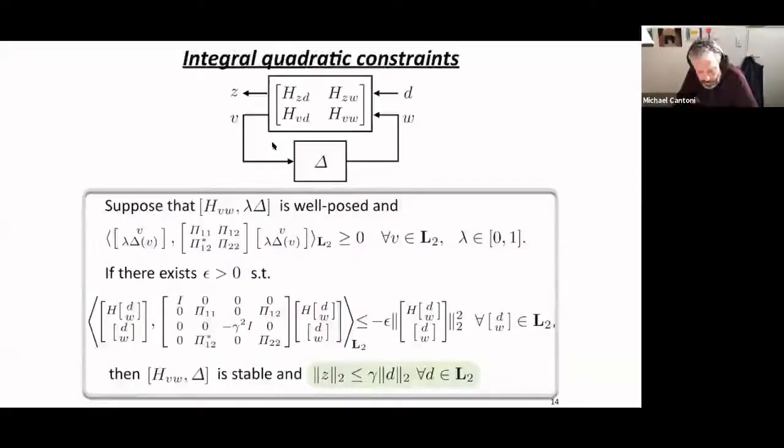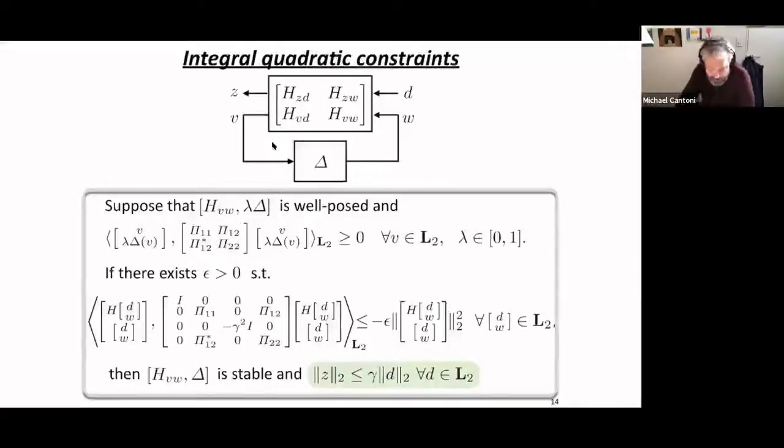You can analyze the performance of feedback interconnections, not just stability, using integral quadratic constraints. In addition to knowing that this feedback interconnection is stable, you might be interested in knowing that the gain from this exogenous input to this performance output is bounded in some way, and that can be done by using a bigger integral quadratic constraint in some sense.